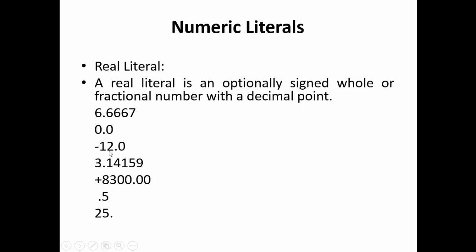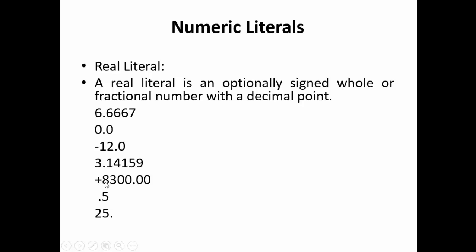Similarly, minus 12.0, this is a signed number, a negative number. Similarly, 3.14159, this is a real number. Look at this, 8300.00, it has a plus sign, which is optional.